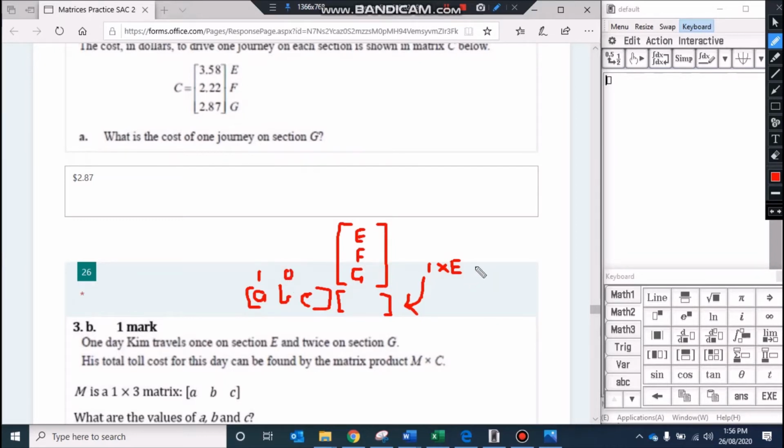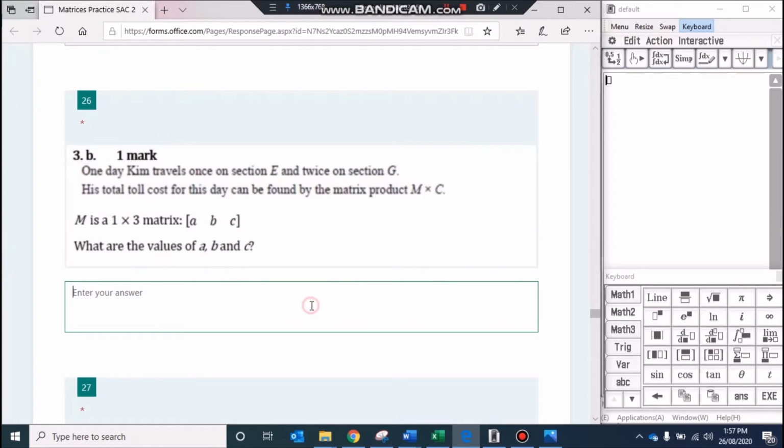So B is going to be 0. And finally, as the question said, he travels twice on G. So this G value needs to be multiplied by 2. So that leaves C being 2. So we end up with A equaling 1, B is 0, and C is 2.